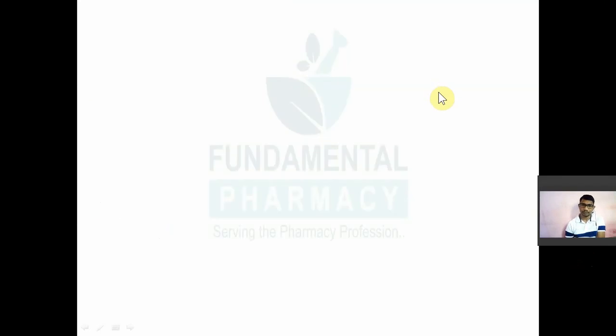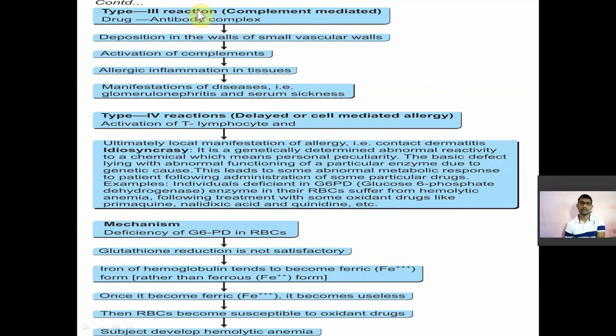Now next one is a type 3 reaction. Type 3 allergic reactions are known as complement mediated allergic reactions. So what happens in this? Drug will be treated as antigen, and against that antibody will be produced in the body, and drug antibody complex forms. Now the drug antibody complex will be deposited in the wall of small vascular wall. मतलब जो भी blood vessel है उसमें deposit हो जाएंगे.